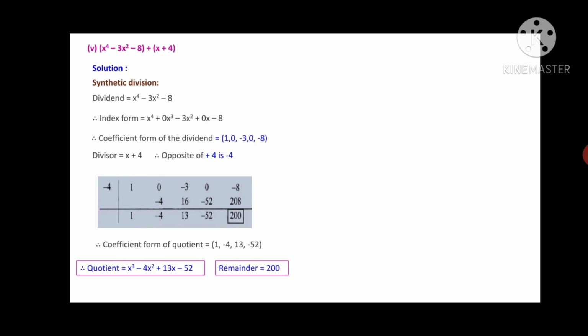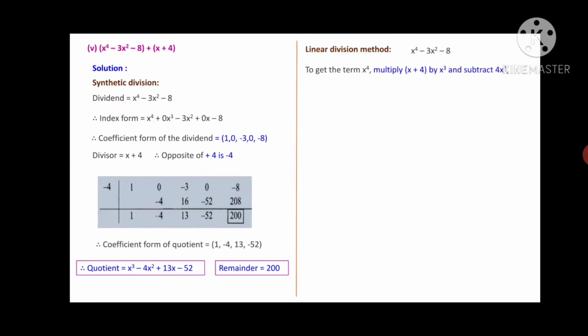Friends, let us now see the long division method for this division. It is given that x⁴ − 3x² − 8 is the dividend. To get the term x⁴, multiply x + 4 by x³ and subtract 4x³, which will be x³(x + 4) − 4x³ − 3x² − 8 as it is.